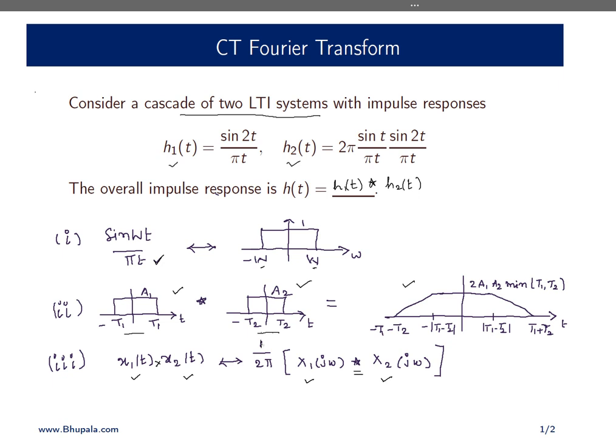That scaling factor 1 by 2 pi will come into the picture. So with the help of these three results, let us solve the given problem. The problem is to find the convolution h1 of t convolved with h2 of t.